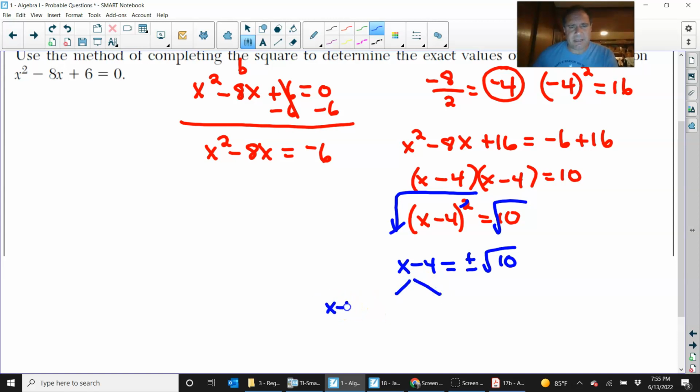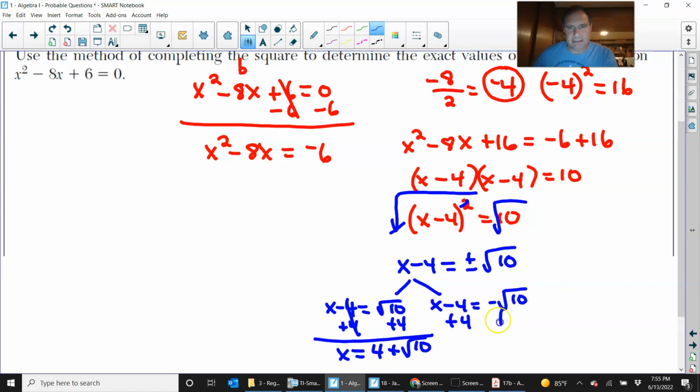I'm going to write x minus 4 equals square root of 10, and x minus 4 equals the negative square root of 10. You add 4 to both sides. This cancels. x equals 4 plus square root of 10. And x equals, this cancels, 4 minus square root of 10. These are the two values, this answer and this answer.